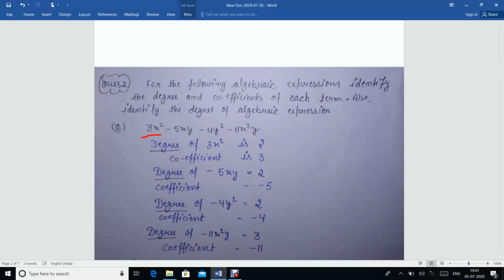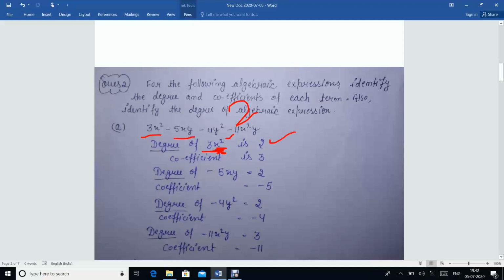You can see that 2 is the power of the variable x, so 2 will be the degree of the term 3x square because here the power is 2.